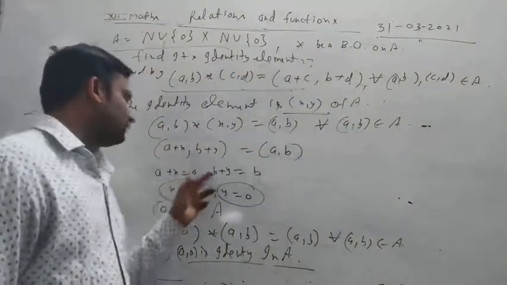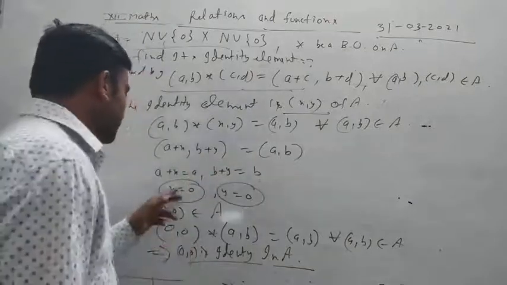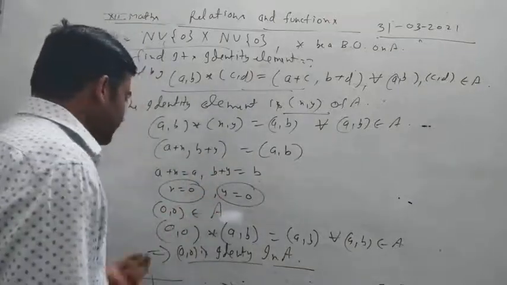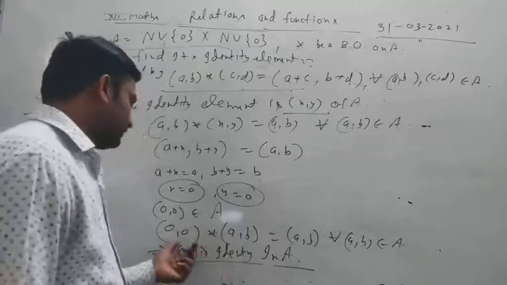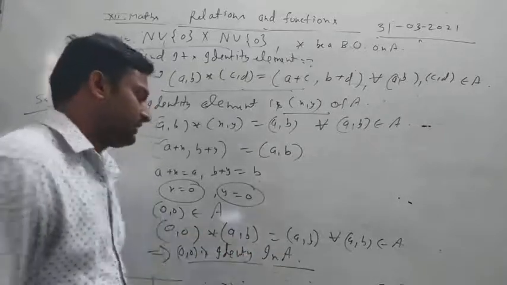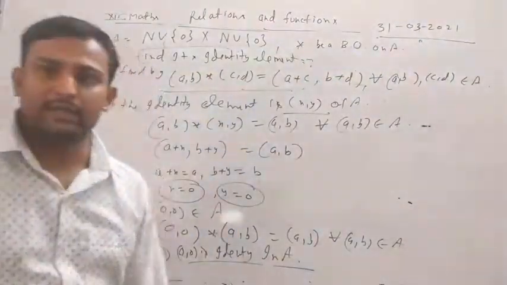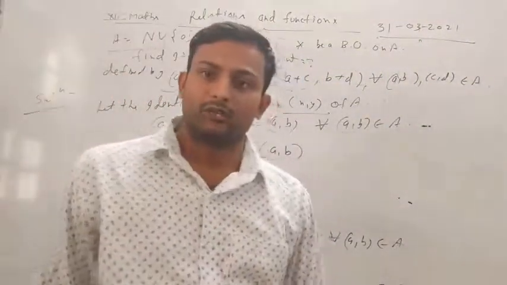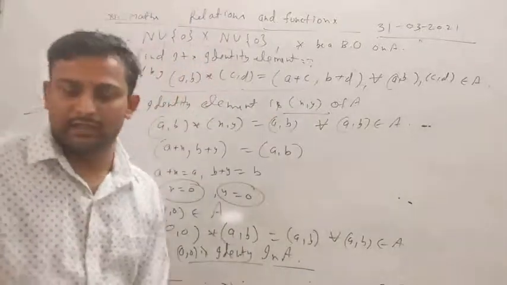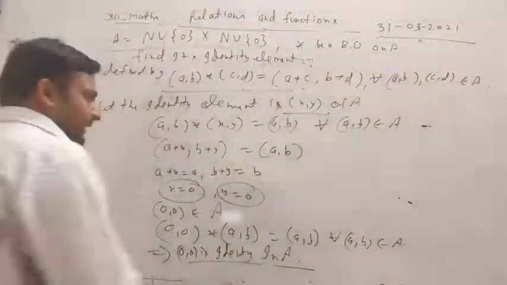So a plus x is equal to a, b plus y is equal to b, and x is 0, y is 0. So (0, 0) belongs to A, and (0, 0) star (a, b) is equal to (a, b) for all (a, b) belonging to A. So (0, 0) is the identity in A. Okay students, so I hope you understand this question. Now we take another.